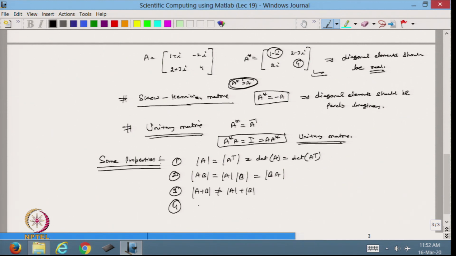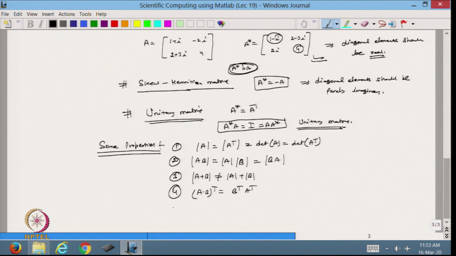Fourth one is if I multiply two matrices and take the transpose, that is equal to B transpose A transpose. Fifth one is I can take maybe more than two, so it will be C transpose B transpose A transpose.